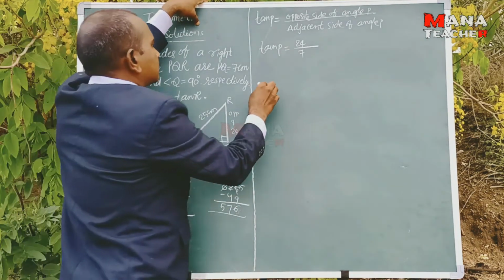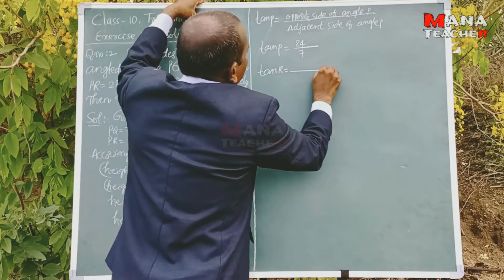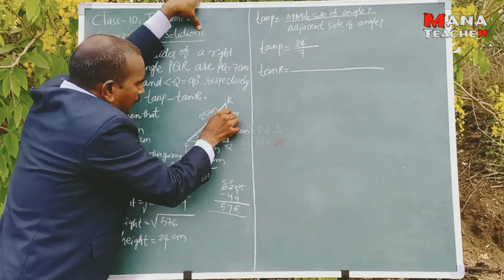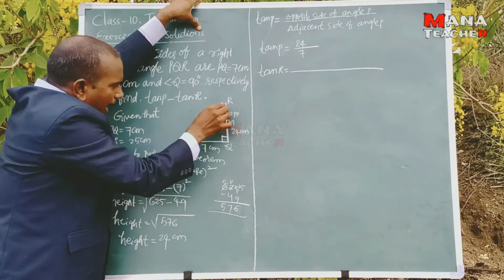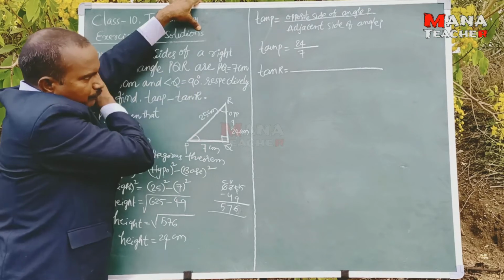Next tan R. Just observe here, this is angle R. The opposite side of angle R is PQ.